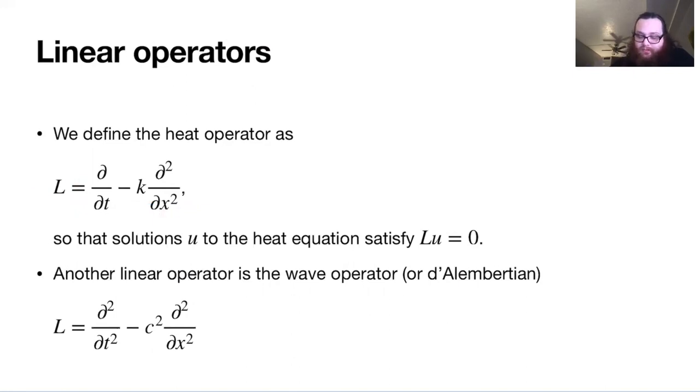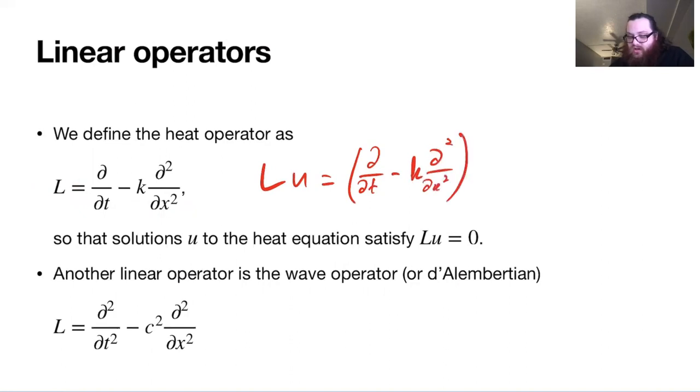If you apply this operator L to a function u, we're applying d/dt minus k d²/dx² to u. How do we evaluate this?